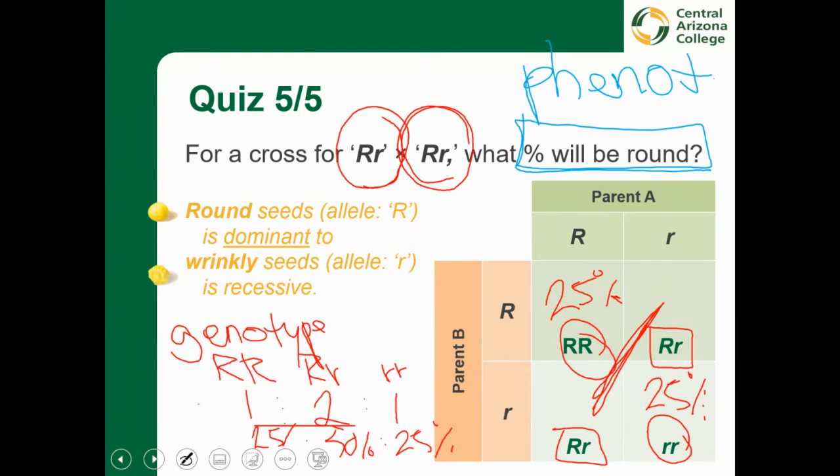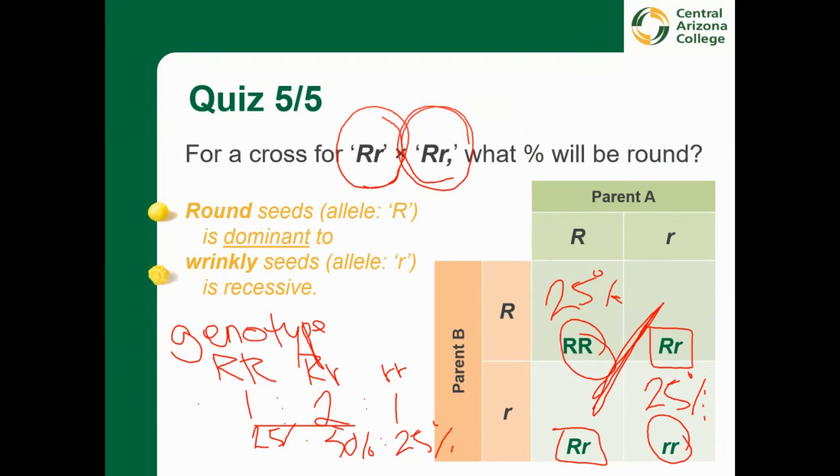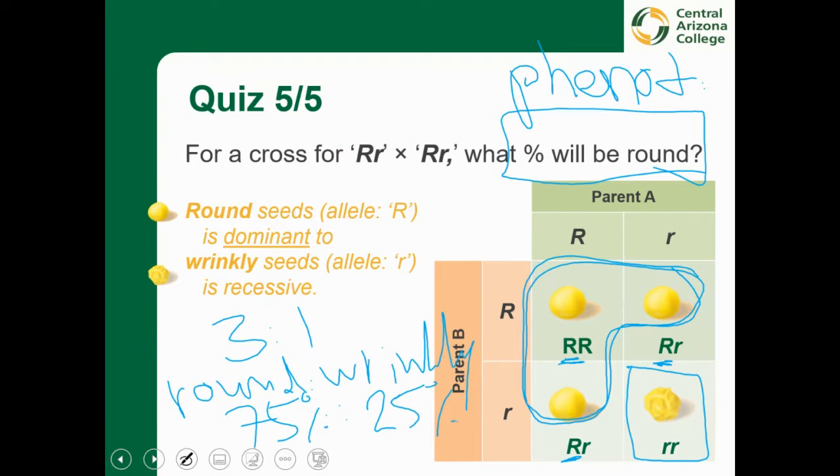Compare this to what we learned for the genotype. For the genotype, it was 25 for the homozygous dominant, 50 for the heterozygous, and 25 for homozygous recessive. So you'll notice that the phenotype and genotype are very different things.